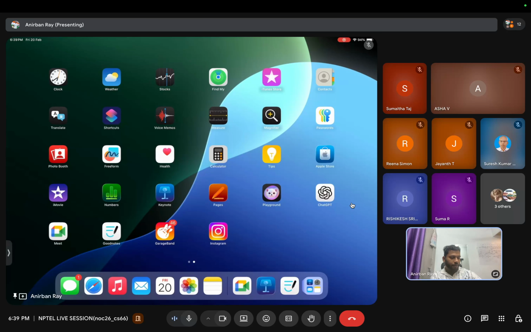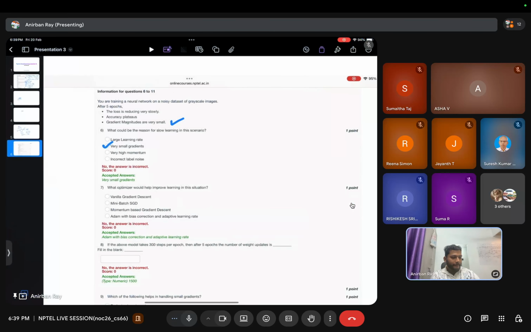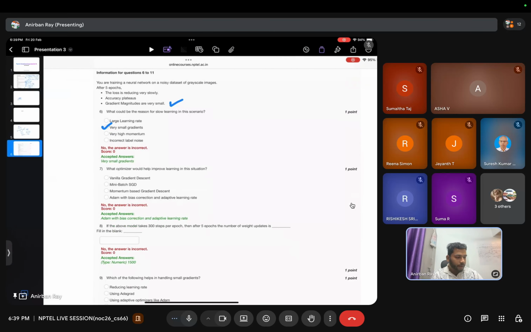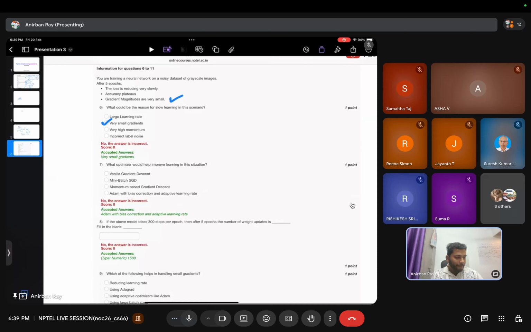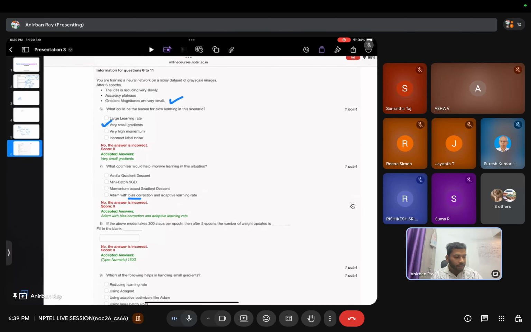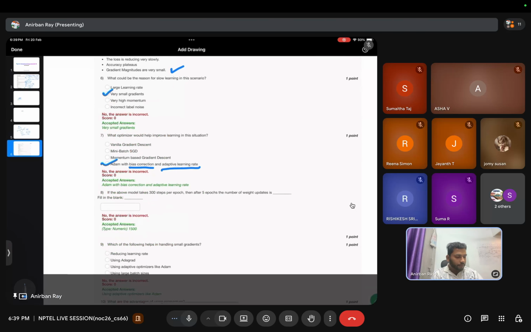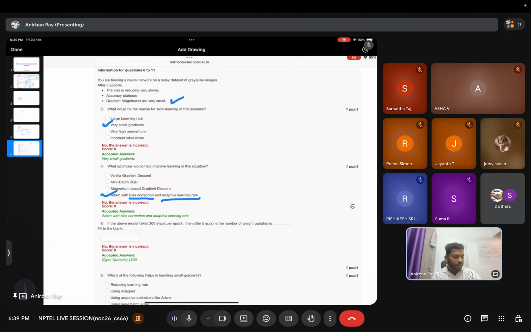Now we will go back to the calculation here. So this is the bias correction, unbiased estimation, and adaptive learning rate. So this will help with this sparse feature problem, because when the flat surface is there, the features are sparse. Which of the following helps in handling small gradients?